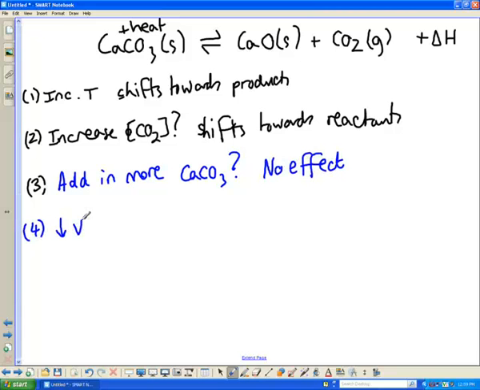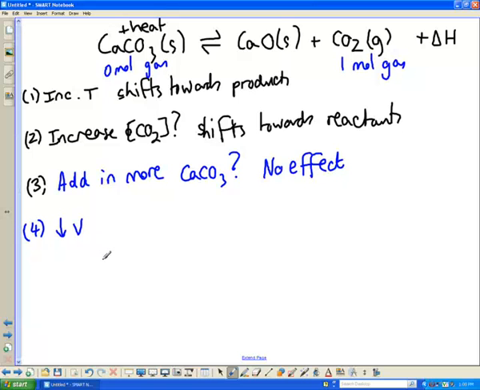What if I was to decrease the volume of the reaction? What we said before was the only thing you're concerned about is the number of moles of gas in your reaction. So you've got 1 mole of gas here on the product side and 0 moles of gas on the reactant side. If I decrease the volume or increase the pressure, I'm going to shift away from the side that has more moles of gas.